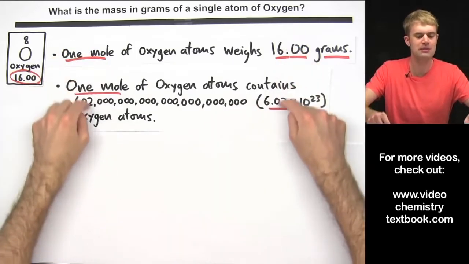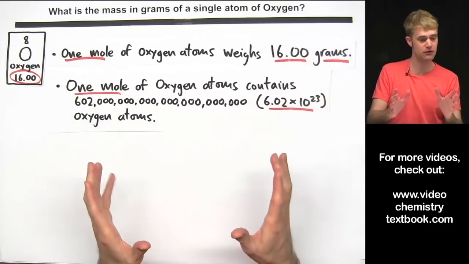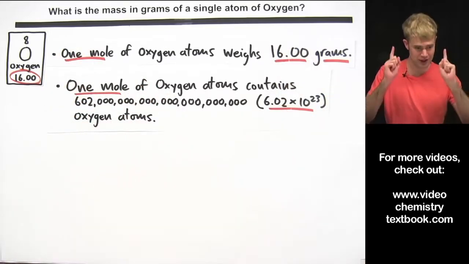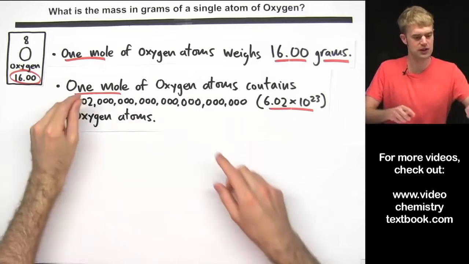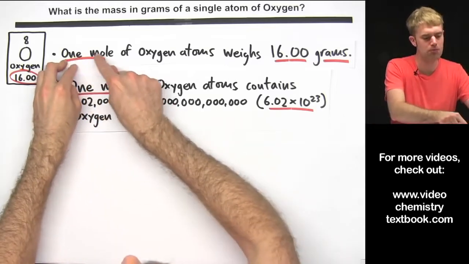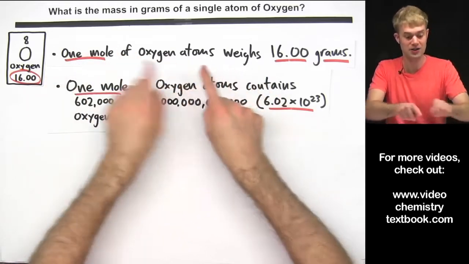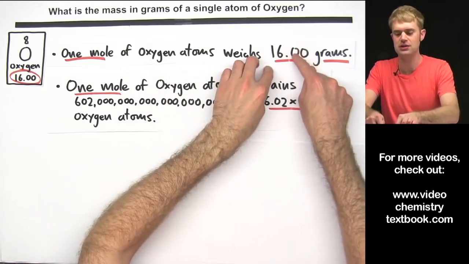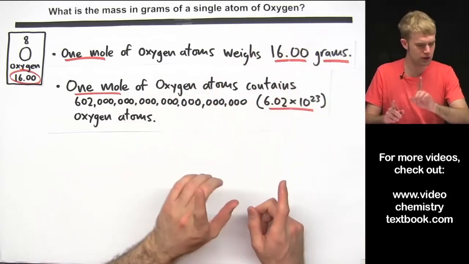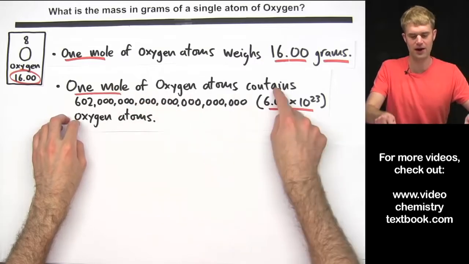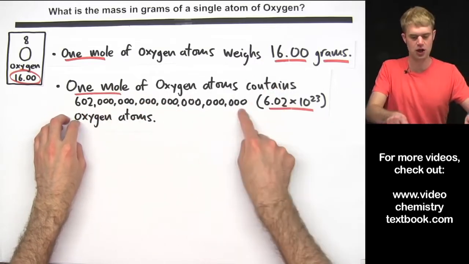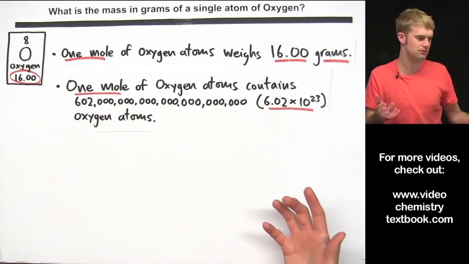Now, we want to combine these two pieces of information to make a third piece of information. Okay, check this out. We know two things here. On the one hand, we know that 1 mole of oxygen atoms weighs 16.00 grams. And we also know that 1 mole of oxygen atoms contains 602 hexillion oxygen atoms.